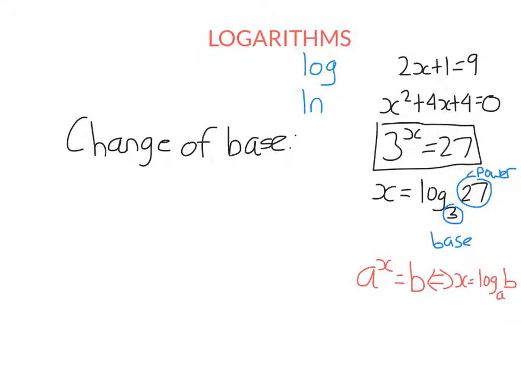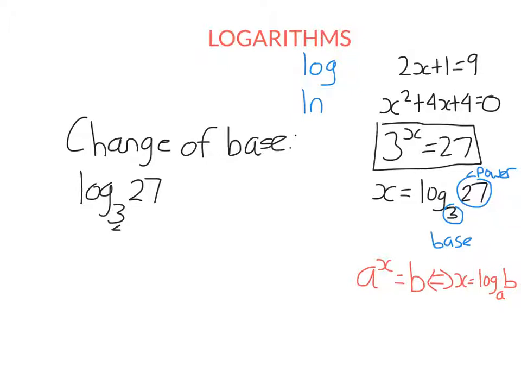So if I have something like log 3 of 27, some calculators will let you put it in like that. Some calculators won't allow you to choose the base. And that's why I'm going through the change of base formula. So that's the whole idea why I'm telling you this. So we can write log 3 of 27 in another way.